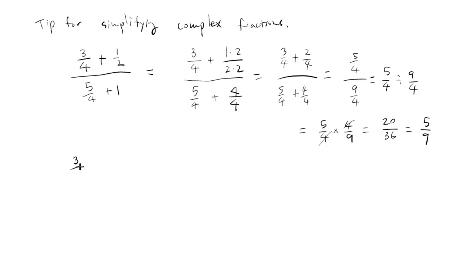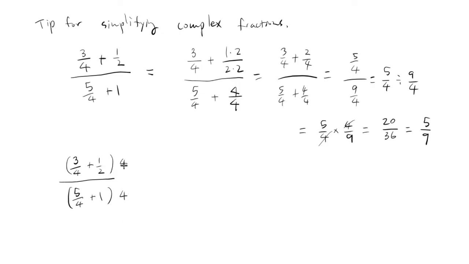The tip for calculating this quickly is to realize that if I multiply by 4, then all the denominators will disappear. So you look at the complex fraction and think about what number you should multiply top and bottom by in order to make the denominators go away.